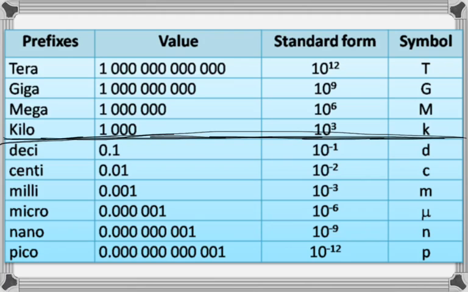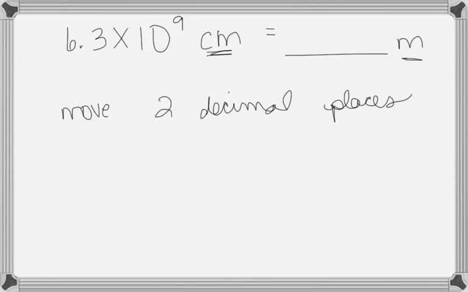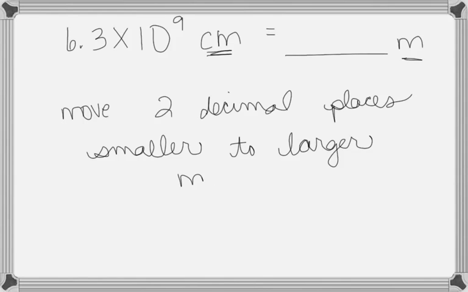If I'm going from centimeter to meter, then I'm going from smaller to larger on the table. The way this table is laid out, if I'm moving from the bottom to the top, I'm always going smaller to larger. So since I'm going smaller to larger, that means I'm going to move the decimal left.